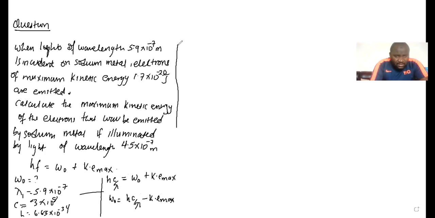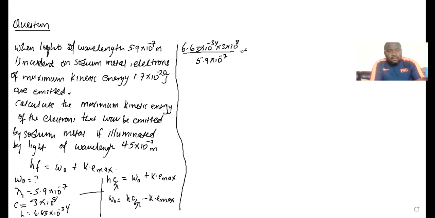According to what the question has given, we shall have 6.63 times 10 power negative 34 times the speed of light, divided by the wavelength, which is 5.9 times 10 power negative 7, minus the kinetic energy maximum, which was given as 1.7 times 10 power negative 20.